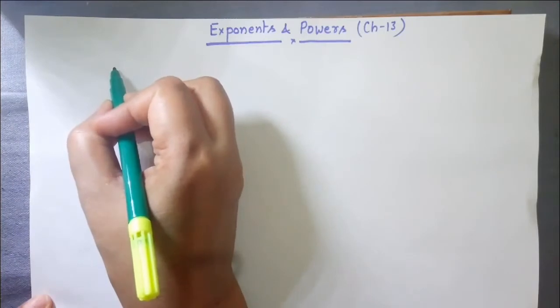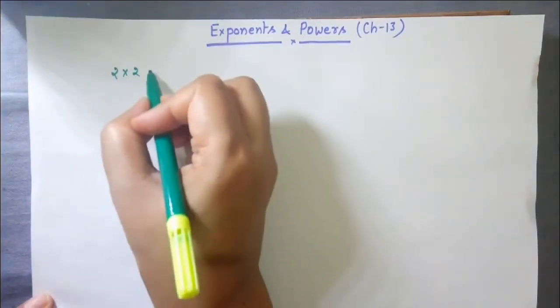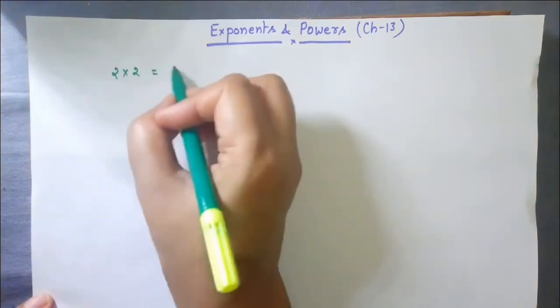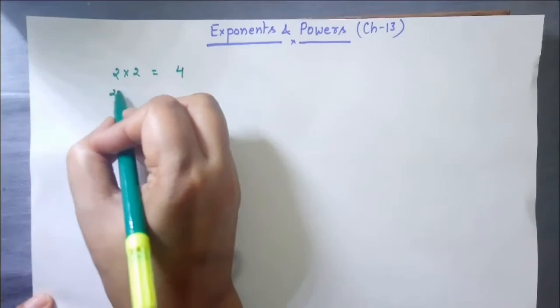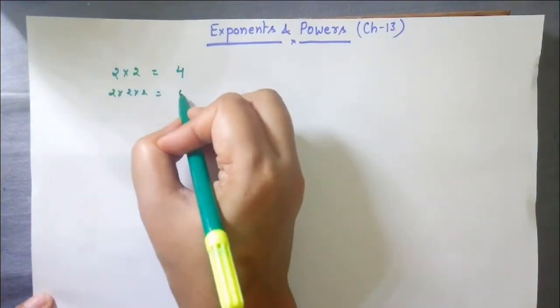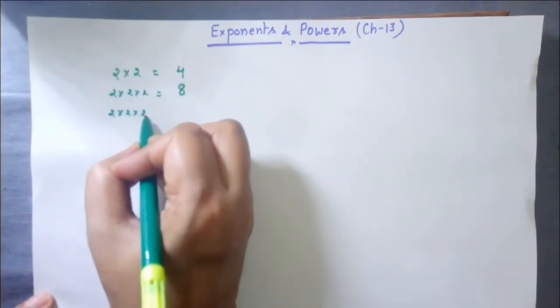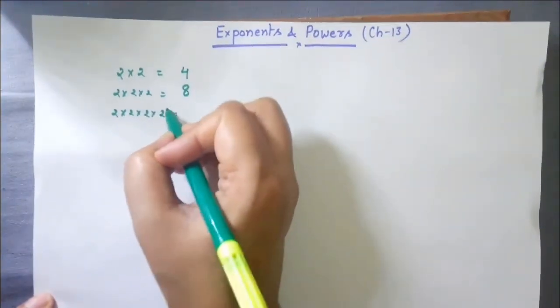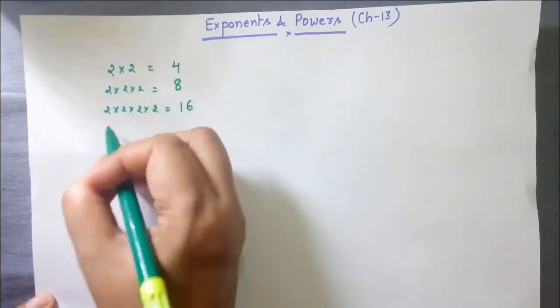Let's start this chapter with a simple multiplication, as simple as 2 into 2. 2 into 2, we all know, is equal to 4. Now, if I write 2 into 2 into 2, this is 8. If I write it 4 times, then anyone can easily tell this is equal to 16.